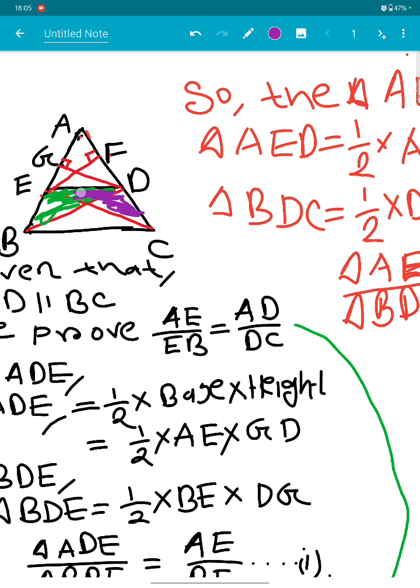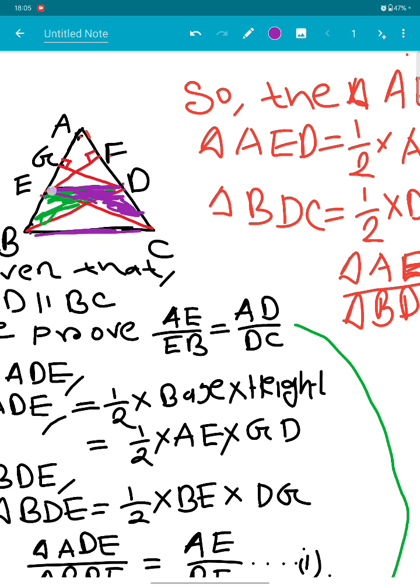Two triangles have the same base. The same base is ED. One triangle is BED, with base ED, and another triangle is EDC. The two triangles have the same base, and lie between the two lines ED and BC.